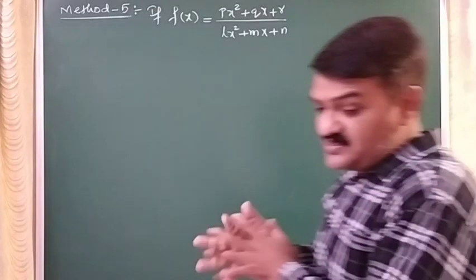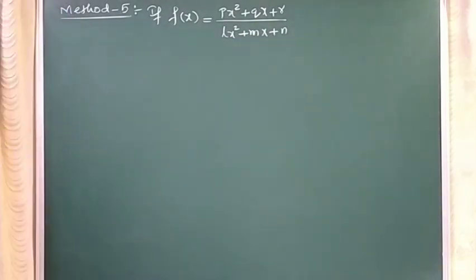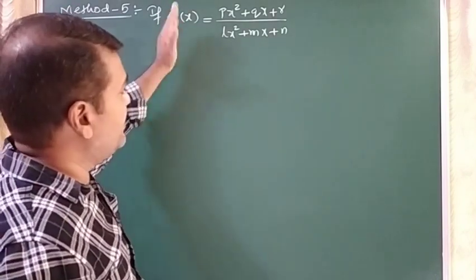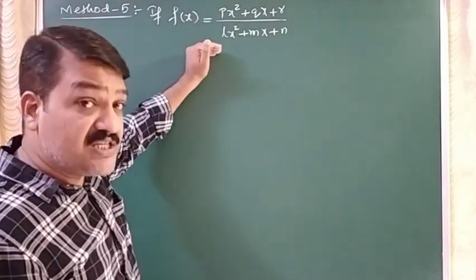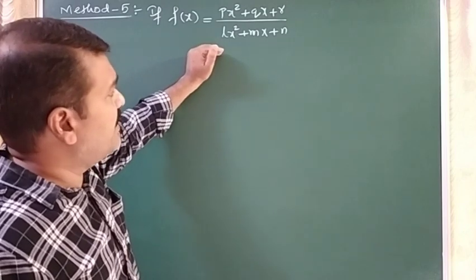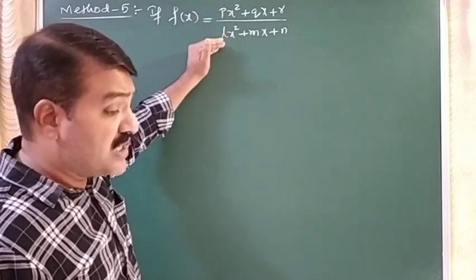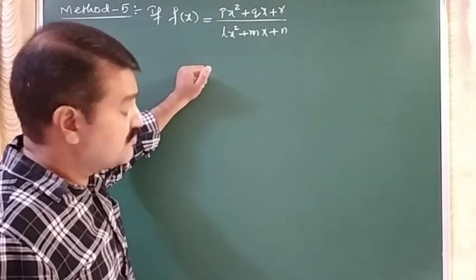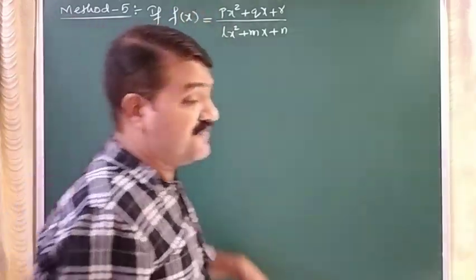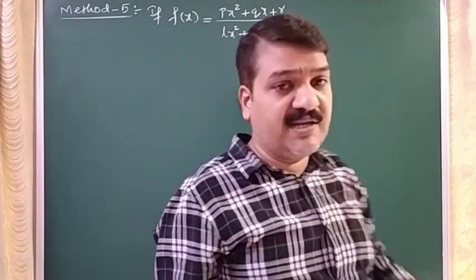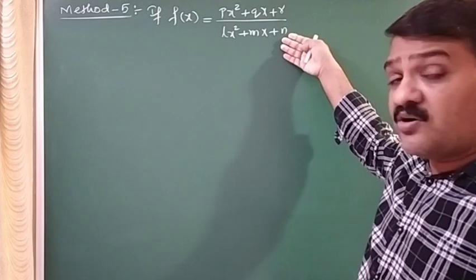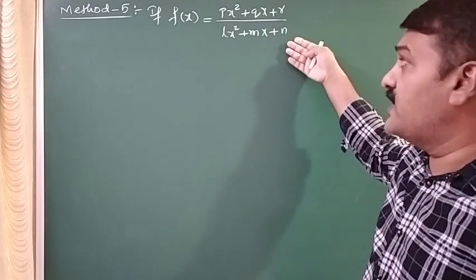Yes, let us discuss now method 5. In method 5, f of x will be in the model of a rational function where in numerator and denominator you have polynomial functions of degree 2. So f of x will be a rational function of this model.